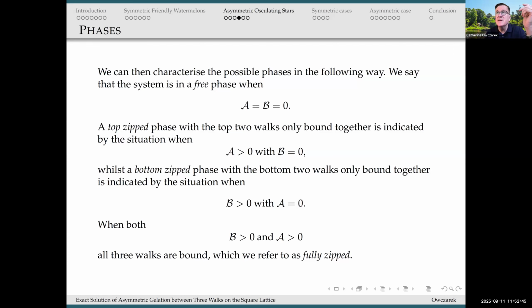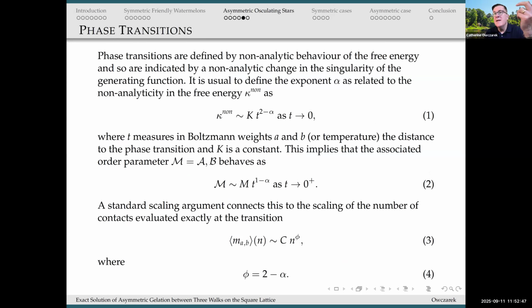There are 4 possible phases. And the exponents related to the phase transitions: a normal exponent alpha is related to how the free energy behaves as you cross the boundary. T is just generically the distance in whatever units you like, and kappa goes as T to the 2 minus alpha. The order parameters, at the phase transition point, will go as T to the 1 minus alpha.